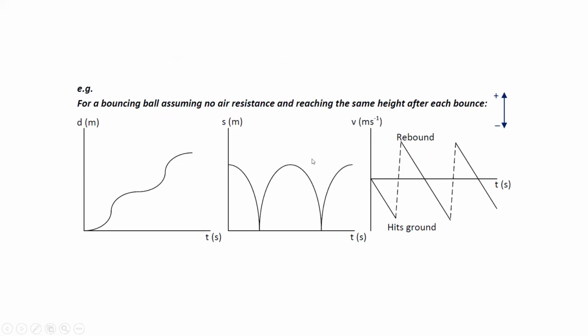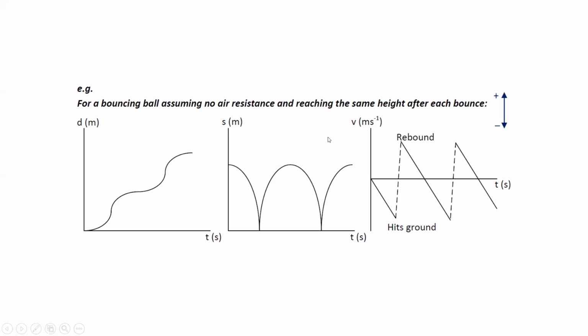Okay, the three graphs are given. One is about the distance, another one is displacement. Distance is a scalar quantity and negative distance does not make any sense. Displacement is a vector quantity, so it can be positive or negative.